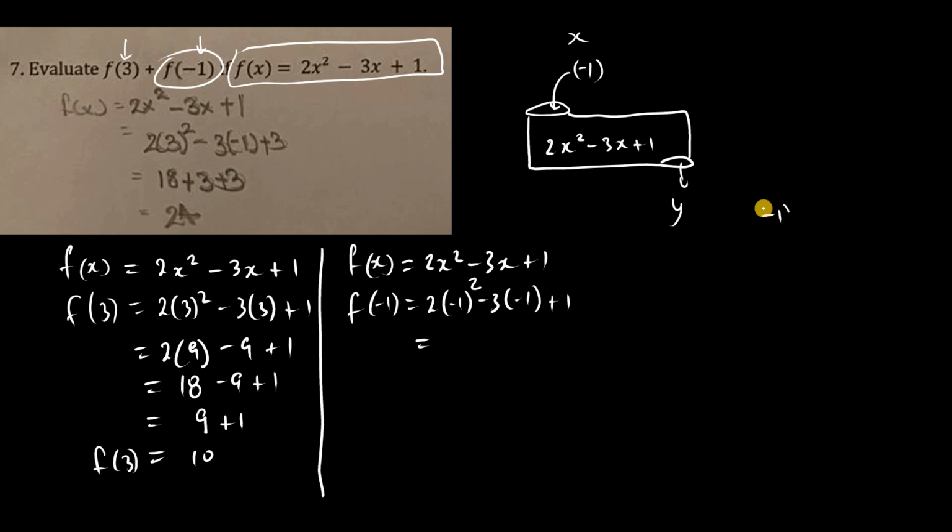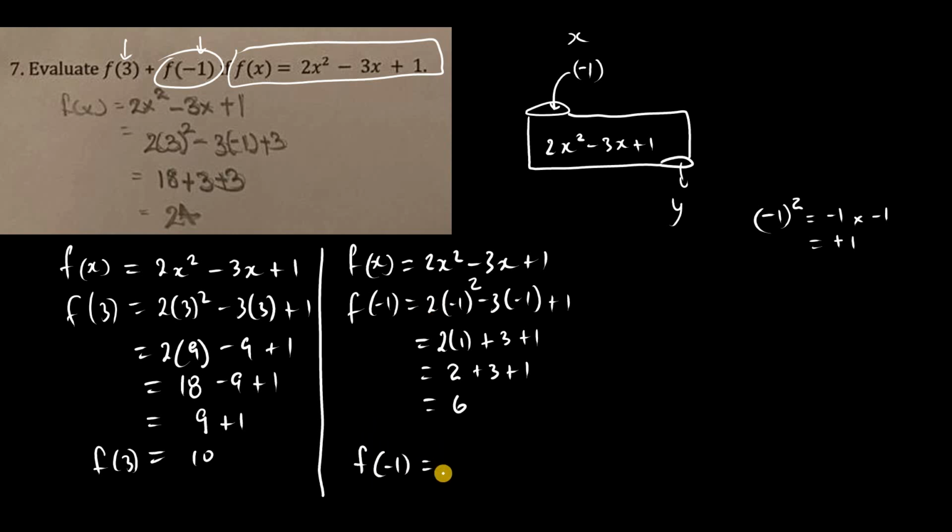That's the same thing as saying negative 1 squared, which means negative 1 multiplied by itself. Negative times negative gives us a positive. 1 times 1 is 1. So that's 2 times positive 1. Negative 3 times negative 1. Negative times negative is positive. 3 times 1 is 3. 2 times 1 is 2. 2 plus 3 is 5. Plus 1 is 6. So f of negative 1 is 6.